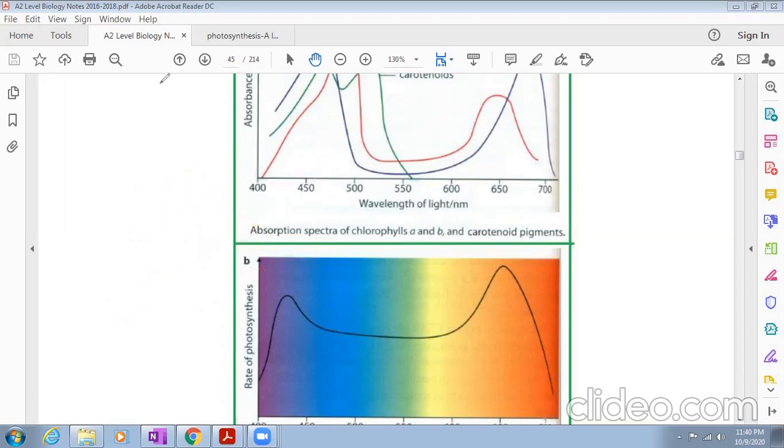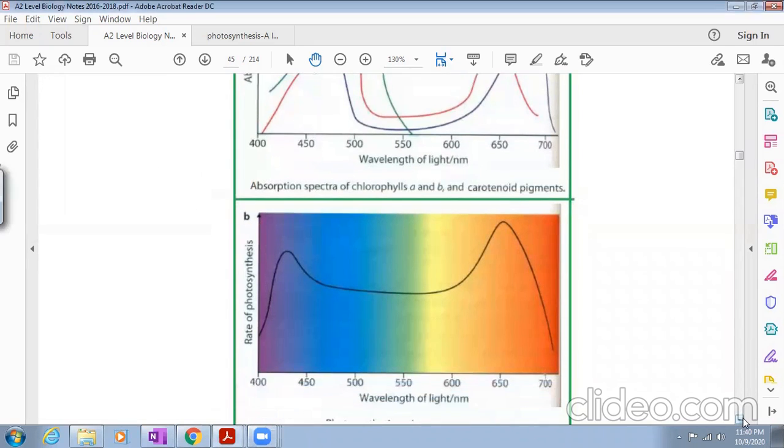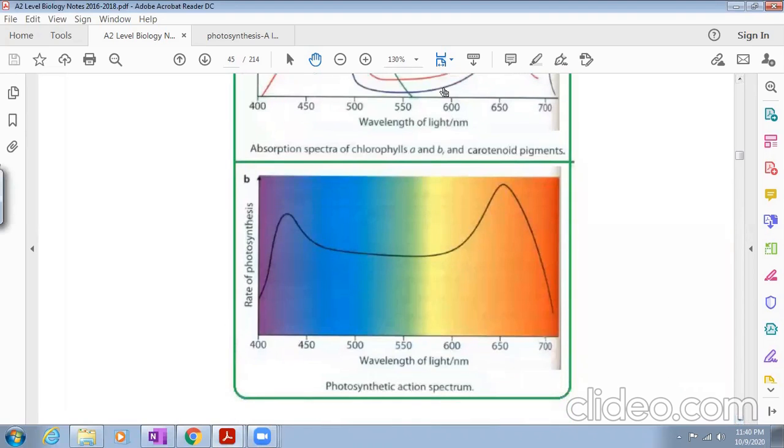The action spectrum only shows us at which wavelength of light the rate of photosynthesis is high. So you can see here, this is the action spectrum. At this wavelength of light, 650 nanometer, the rate of photosynthesis is high, and here at 450 nanometer, the rate of photosynthesis is high, whereas here it is less.